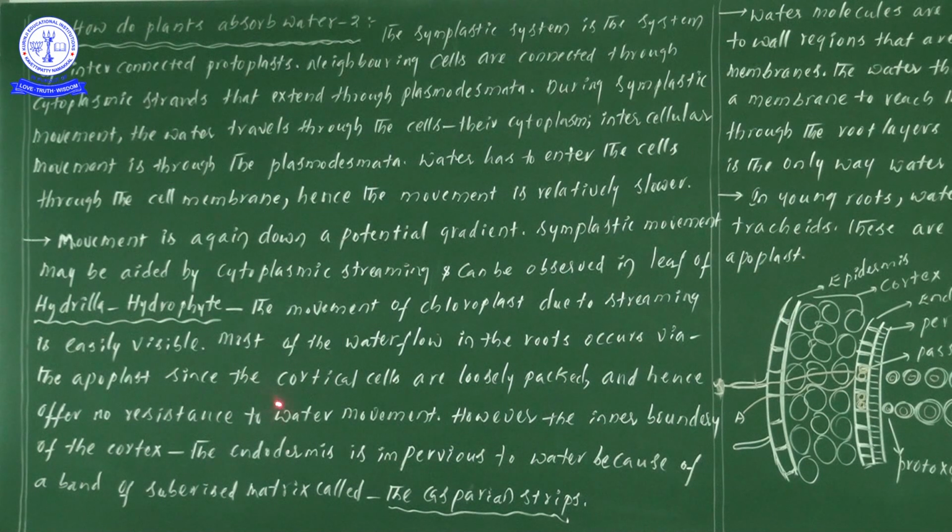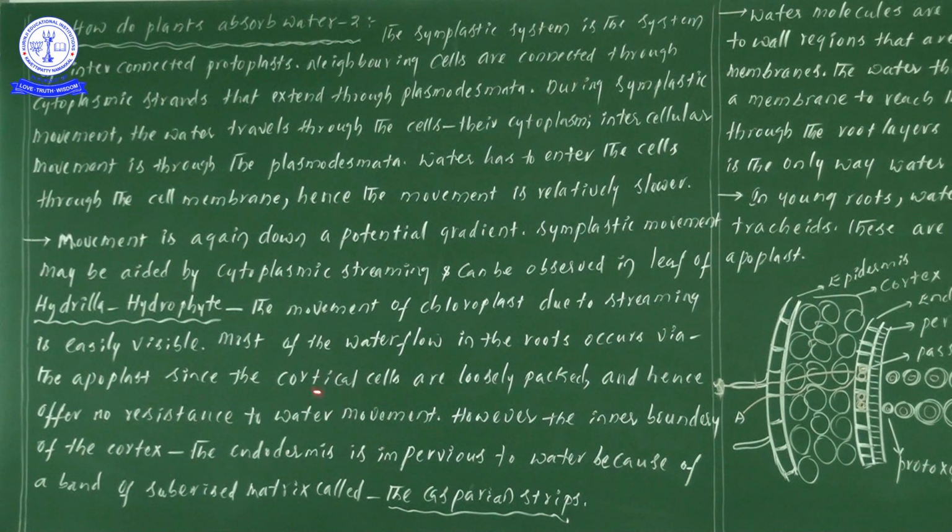Next one, since the cortical cells are loosely packed, this is also one of the reasons why the apoplast plays an important role in the transport of water very fast. Cortical cells are the cells present in the cortex, beneath the epidermis, as we have seen in the anatomy of flowering plants.